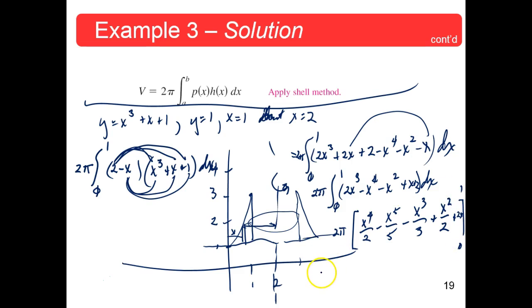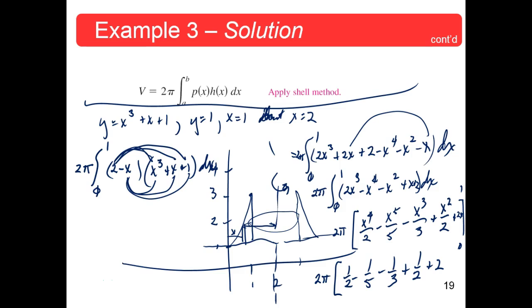And that's evaluated from 0 to 1. So it's not going to be too bad because of that nice limit there. 2 pi times, messy fractions, but the rest is not too bad. 1 makes it real easy. 1/2 minus 1/5 minus 1/3 plus 1/2 plus 2. Right?